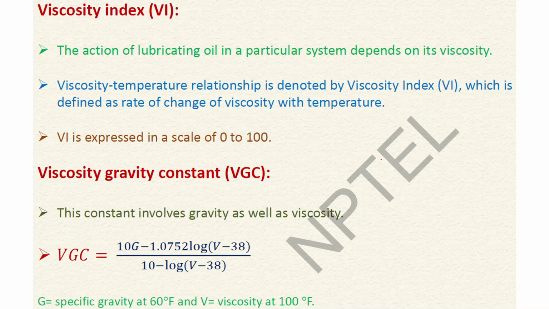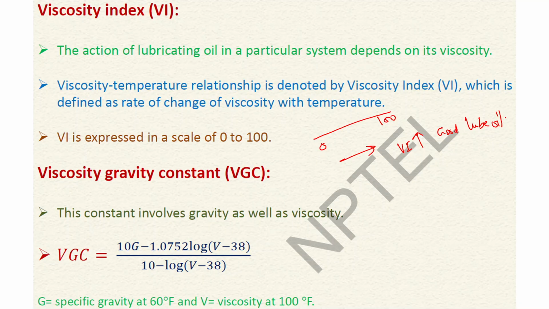During the motion of the moving parts, temperature increases, due to which the viscosity of the lubricating oil may change, and thus may create problems either by increasing or decreasing its viscosity. For being a good lubricating oil, there should be a minor or no change in the viscosity due to the change of temperature. Therefore, on a 0 to 100 scale, if the viscosity index is very high, then it is a very good lubricating oil.